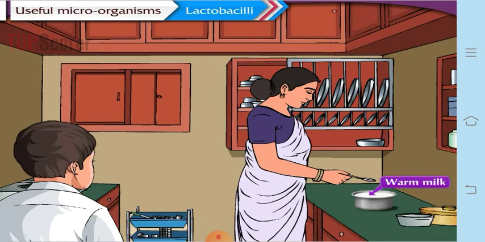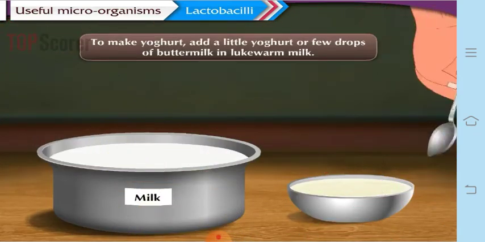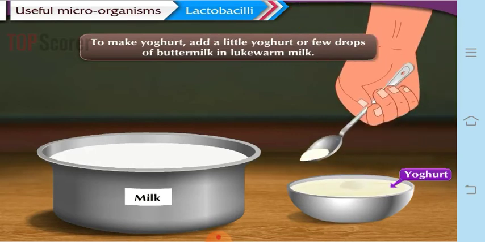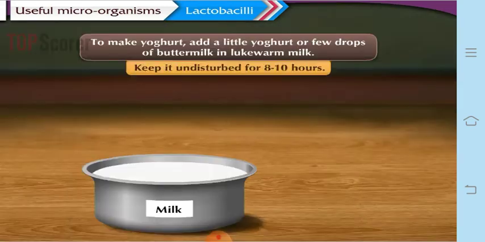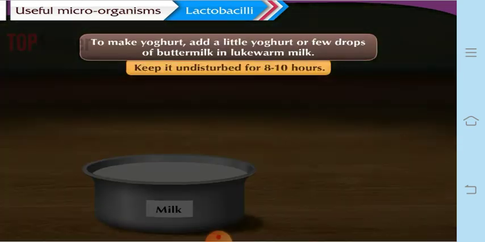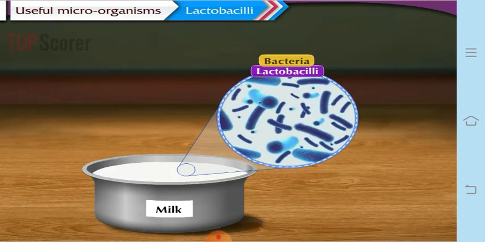Whenever curd or yogurt is prepared, you have to take warm milk, and in that you add a little yogurt or a few drops of buttermilk to lukewarm milk, and then keep it for 8 to 10 hours. Once it is ready, you will see that the lactobacilli bacteria will be growing in that.